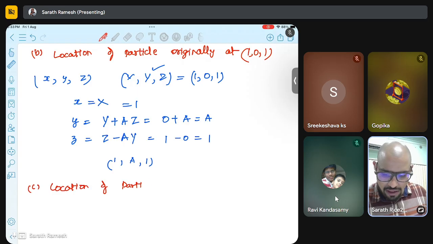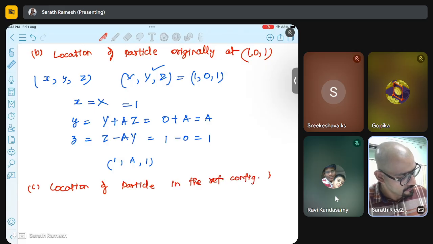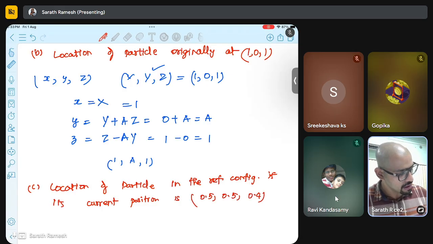And question number C, subdivision C: location of particle in the reference configuration if its current position is 0.5 comma 0.5 comma 0.4. Can you try?